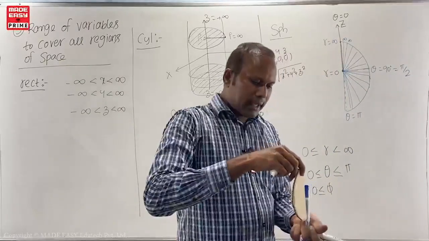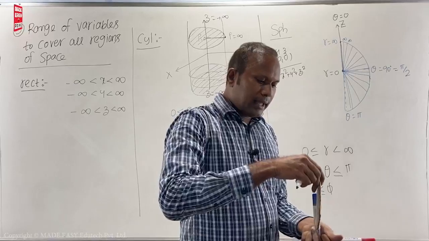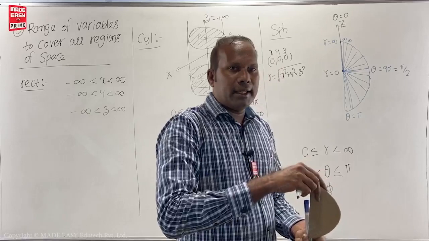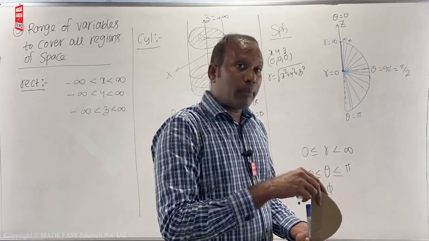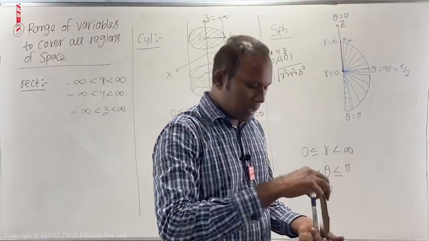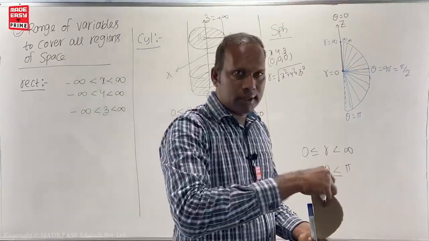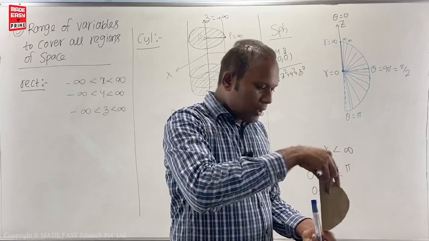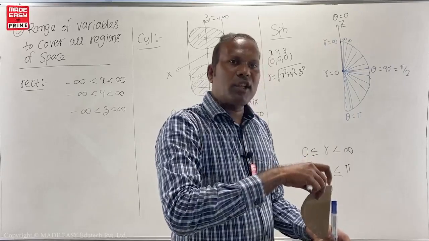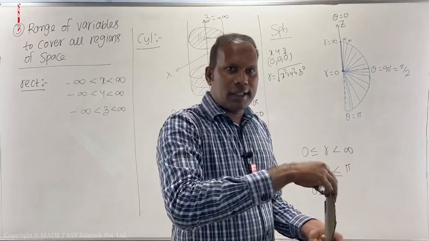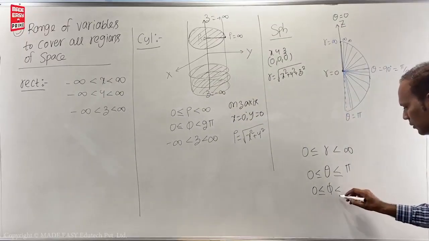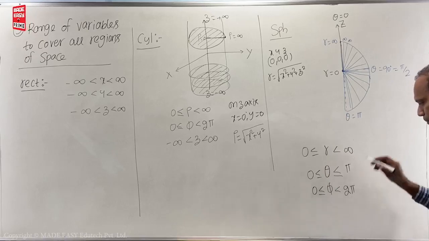Now I rotate this: 1 degree horizontal angle, 2 degrees, 30 degrees, 90 degrees. With that I got 1 by 4th of the universe, because the radius of this is infinity. Now the horizontal angle going to 180, half of the universe. Now 270, 3/4 of the universe. 360, full universe. So now you have to take this 2 pi.